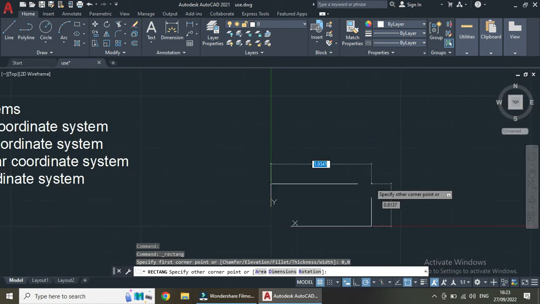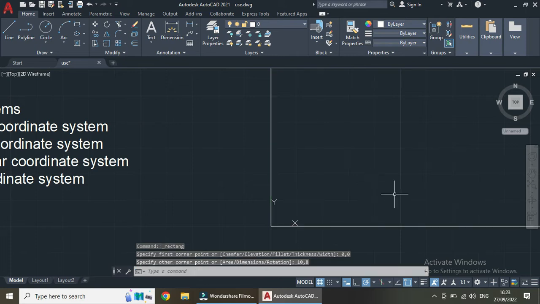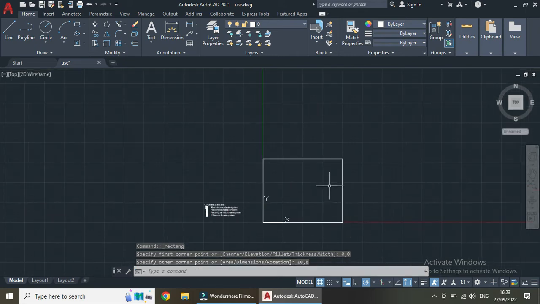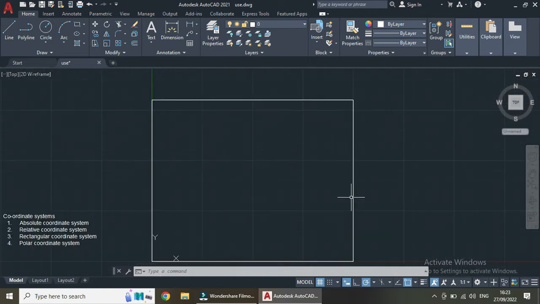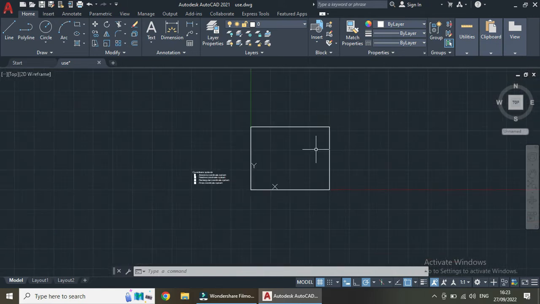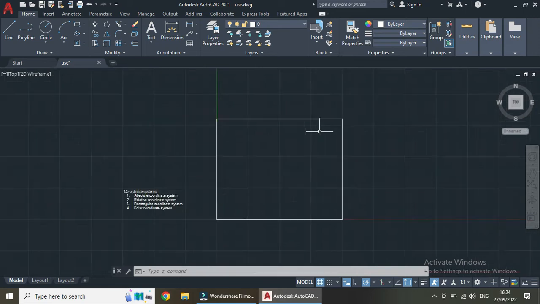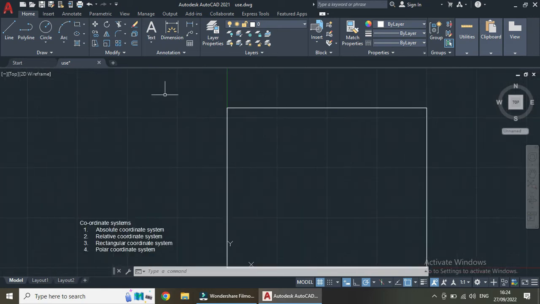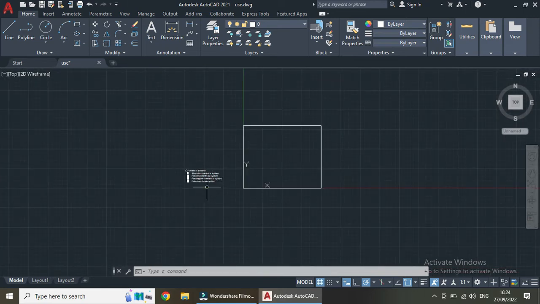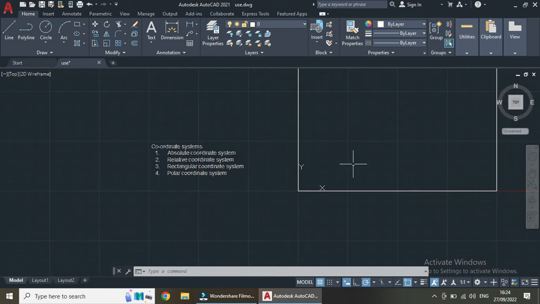So another corner point, I am providing 10, 8, x y. So this one will be our rectangle. Okay, this is called the absolute coordinate system.